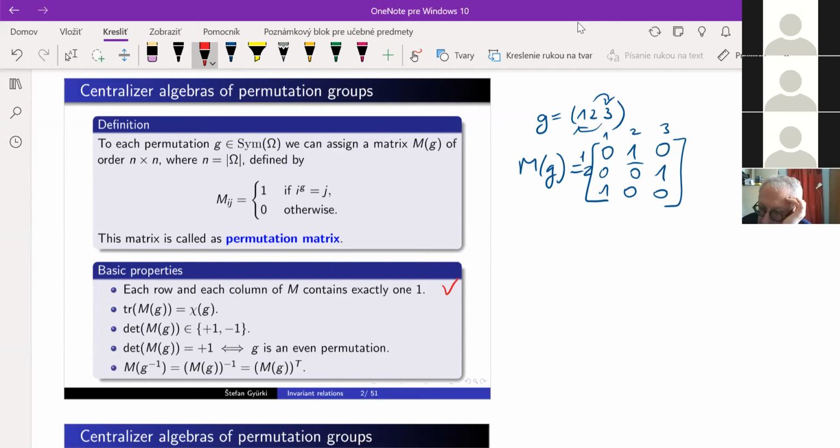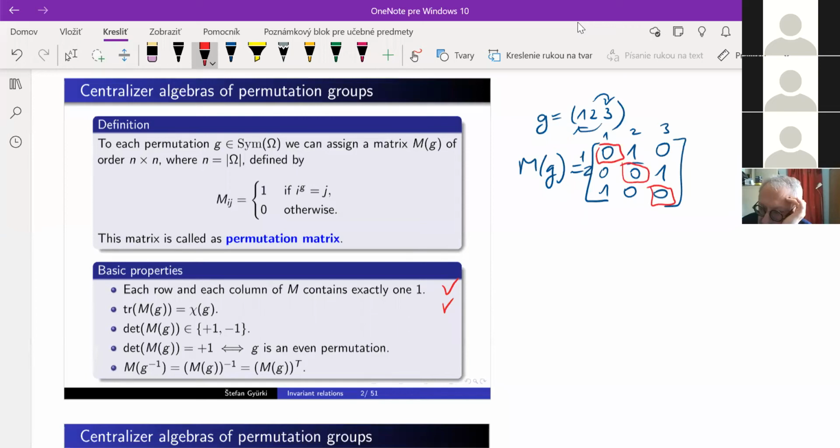Also, if I have a fixed point, then I have 1 on the diagonal, so the sum of the entries on the diagonal, that is the trace of the matrix, is the number of fixed points of the permutation which we were denoting by chi of G.